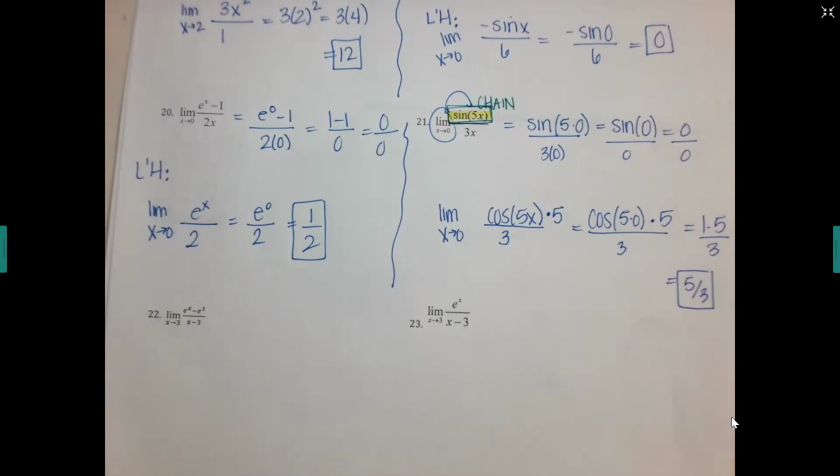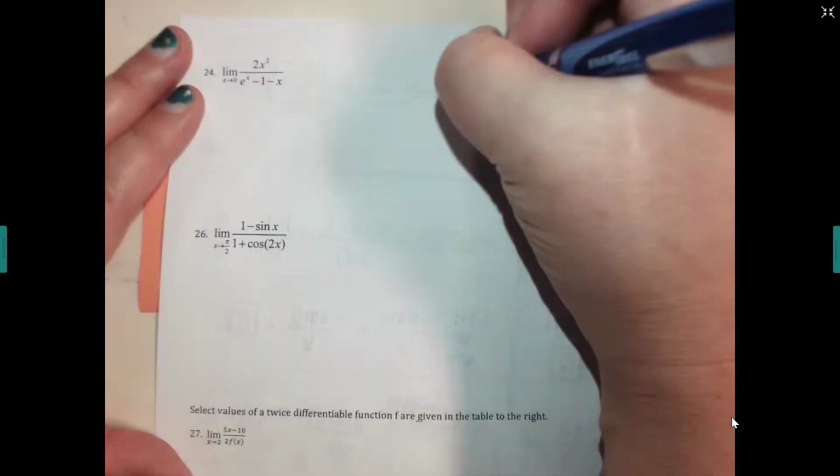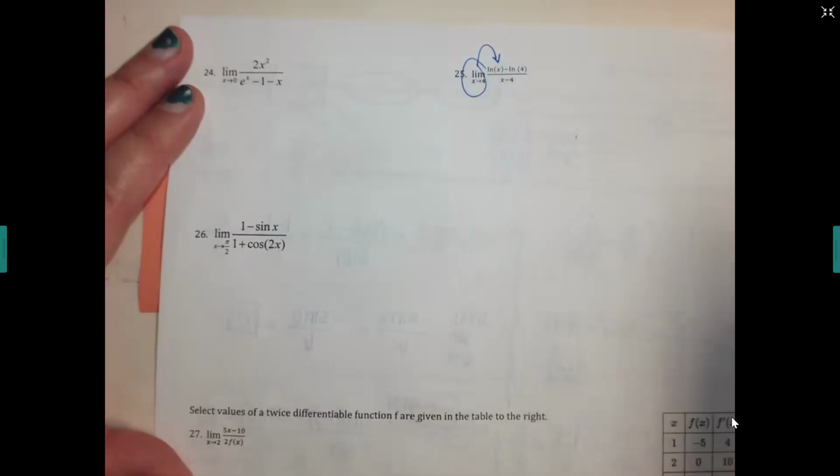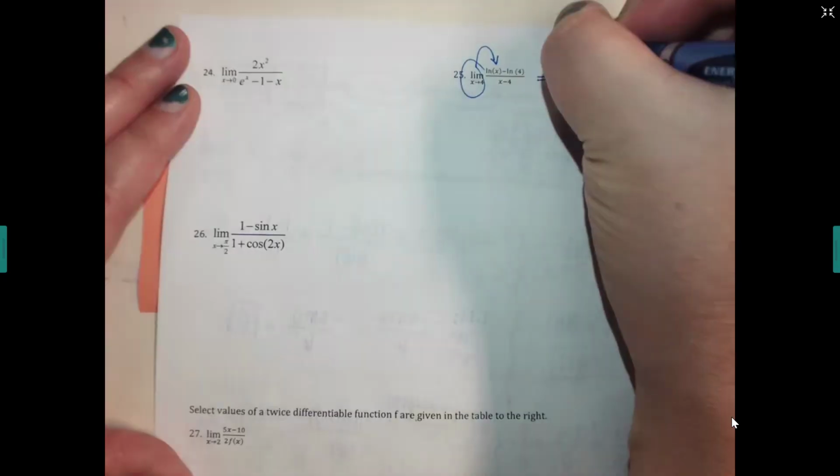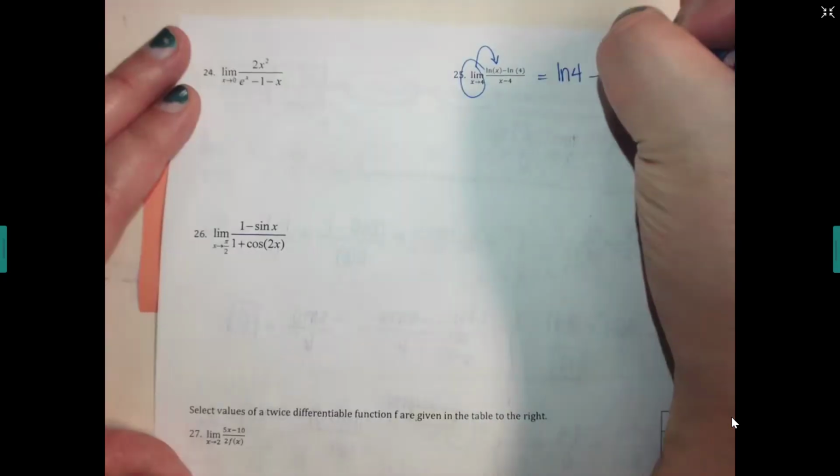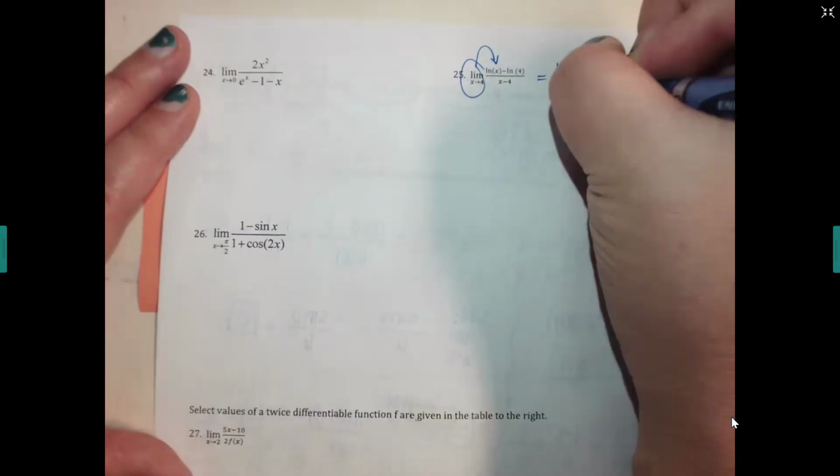All right, next one we're going to work is 25. Go ahead and plug in your x approach for me. So 25, what is my x approaching? What number? 4, so I'll just take the 4 and plug it in. So I'd have ln 4 minus ln 4 over 4 minus 4.